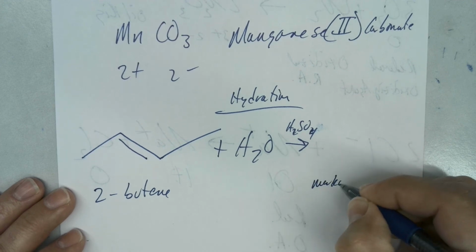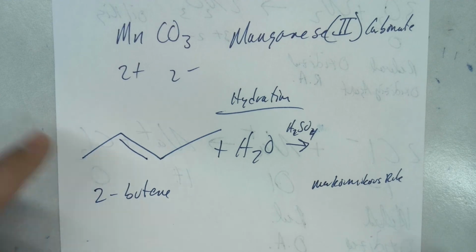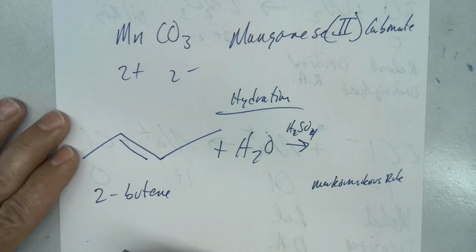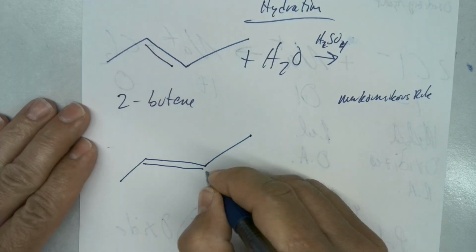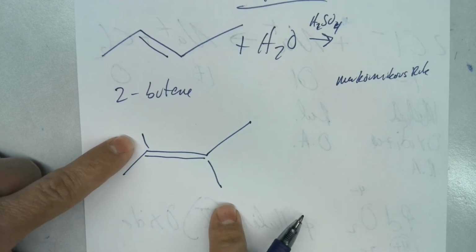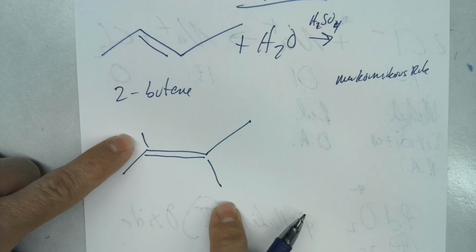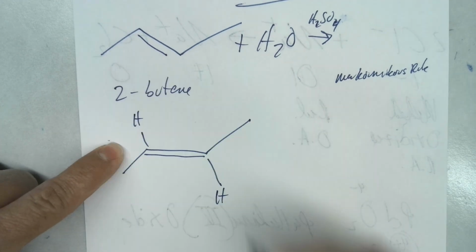I got to remember Markovnikov's rule here. But if I look at 2-butene, 2-butene looks like this. These are the same things. And what would be in these two spots for both of these? These are just H's.